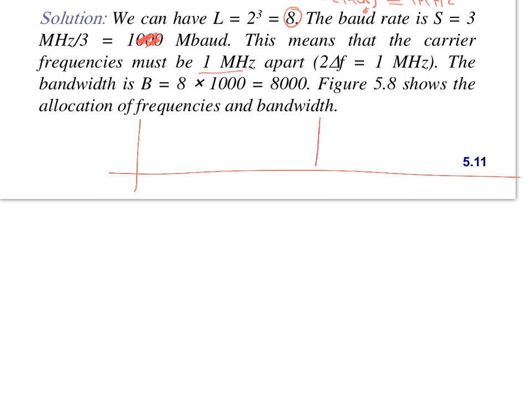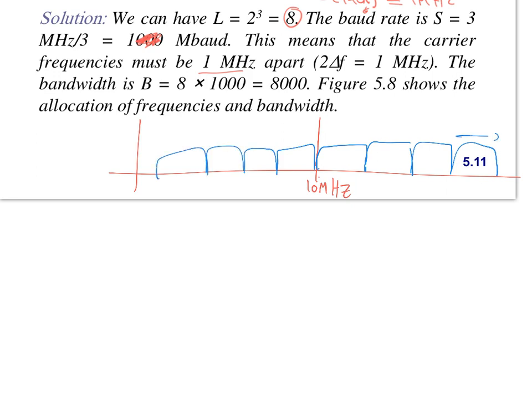So around the 10 megahertz carrier frequency, which is the middle frequency for the entire composite signal, we have 8 different frequencies. So we have 4 here, and we have 4 here.